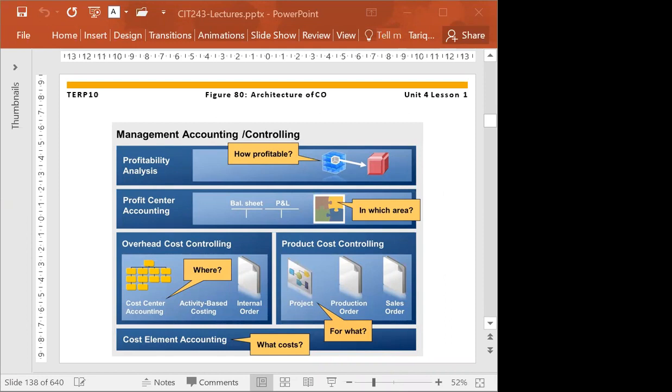Through the cost element accounting. So they are already linked. We create the link in SAP. As soon as you make the transaction there, the transaction is directly passed to the managerial accounting and to the proper cost center, internal order, or activity-based costing. So this is the link between the financial accounting and the managerial accounting.